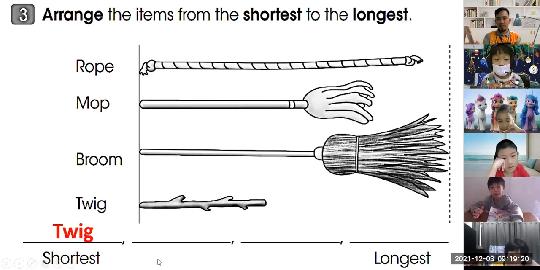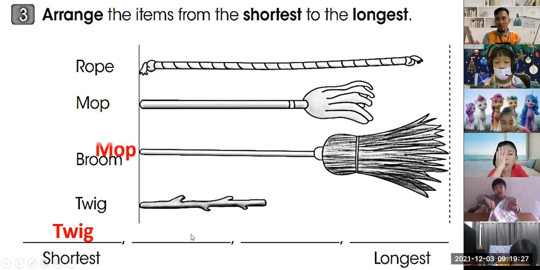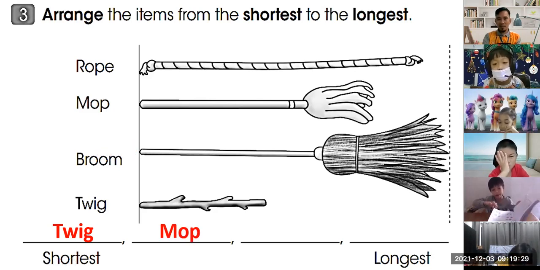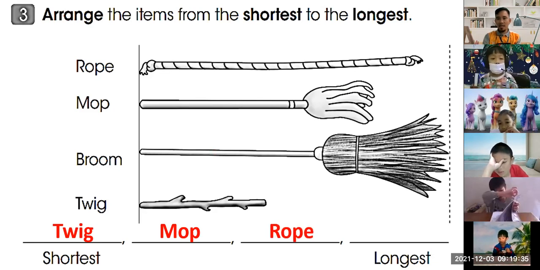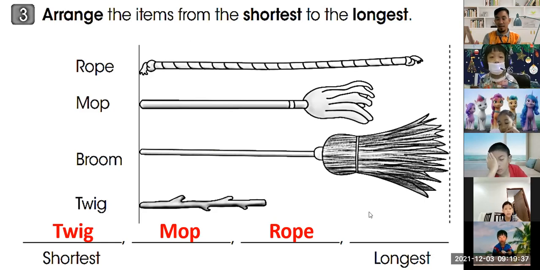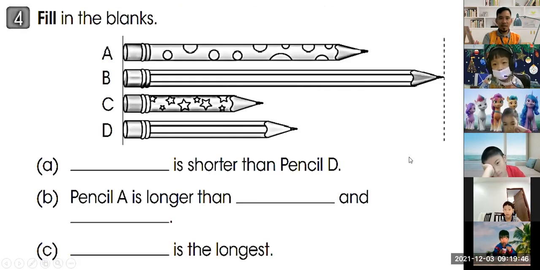What's next to the twig? Oh, very good. Rope next. Very good. It's rope.